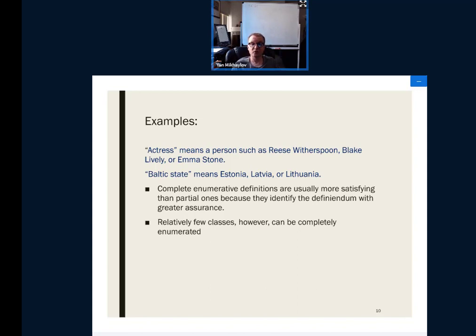For obvious reasons, there's way too many actresses to list all of them. And it also has the same problem as the previous one, because if a person doesn't understand what the actress means, he or she can get an idea that you are just talking about a woman, for example, right? Reese Witherspoon, Blake Lively, Emma Stone, they're all women. So maybe you are giving a definition for the word woman. Not very clear.